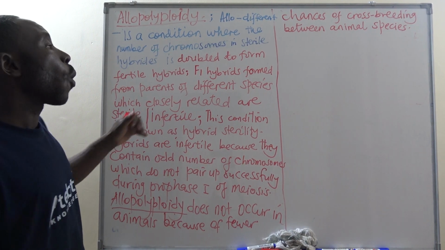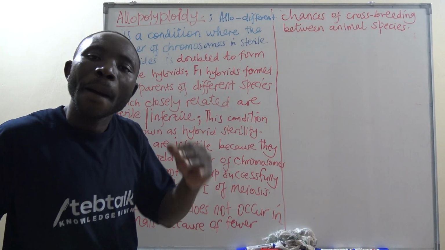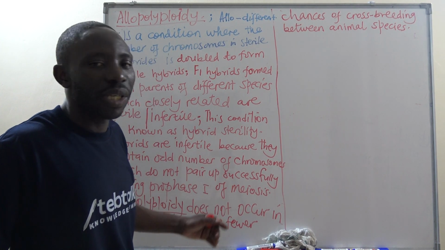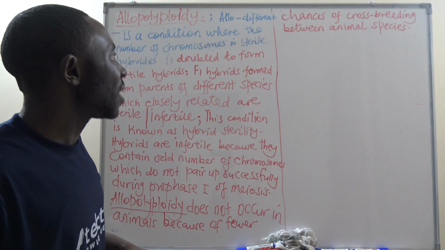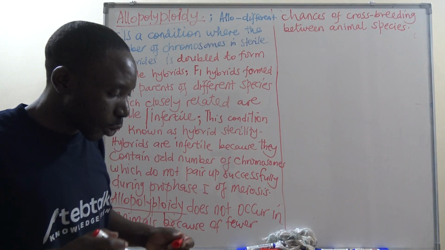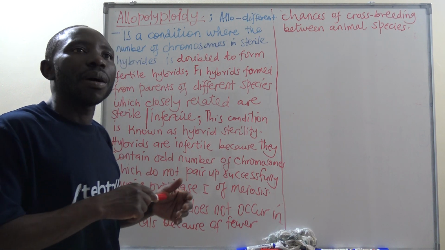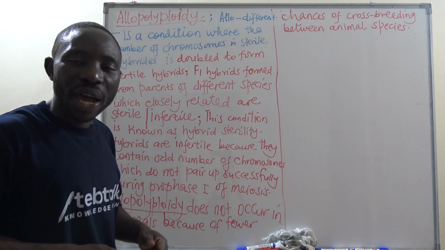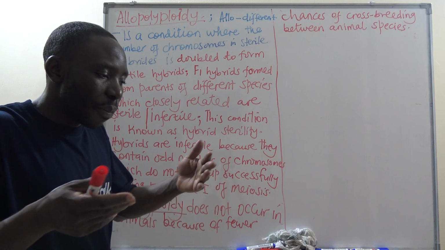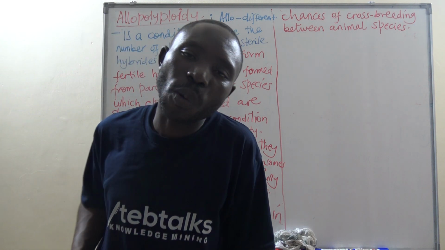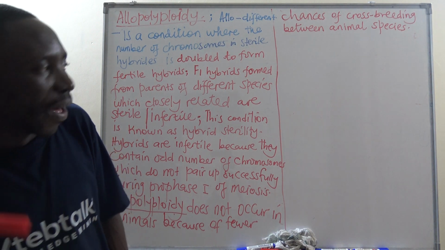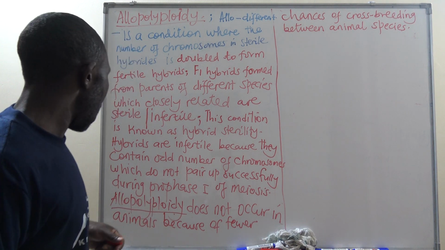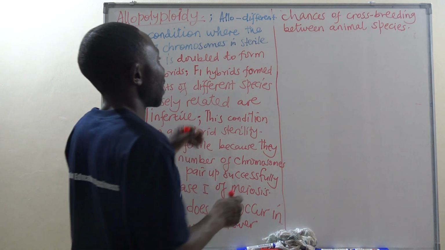Now, we shall come to know that most of the hybrids or most of the allopolyploids formed during allopolyploidy are fertile because they are diploid, because their genotype is a result of summation of the haploid sets of chromosomes from their parents.